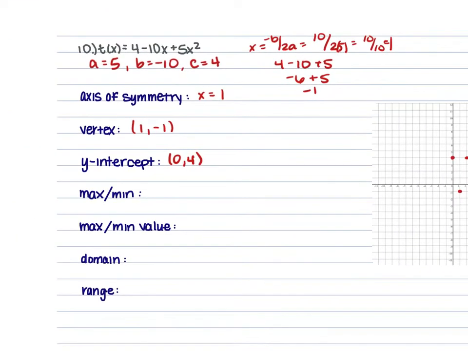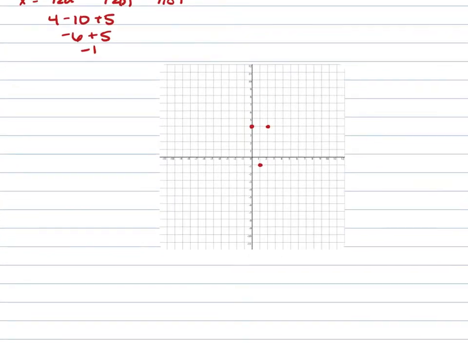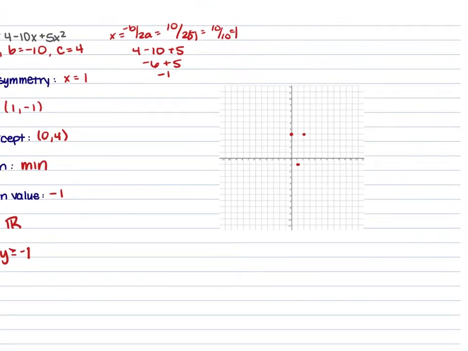And then we have a minimum value. Our minimum value is the negative 1. We have a domain of all real numbers, and our range is y is greater than or equal to negative 1. Now, we didn't use 3 here, so we can use that, or we can use negative 1. I want to use negative 1 just because it's a smaller number.